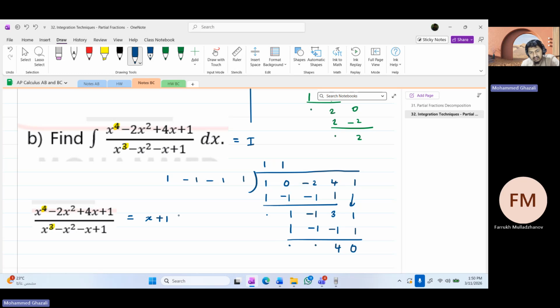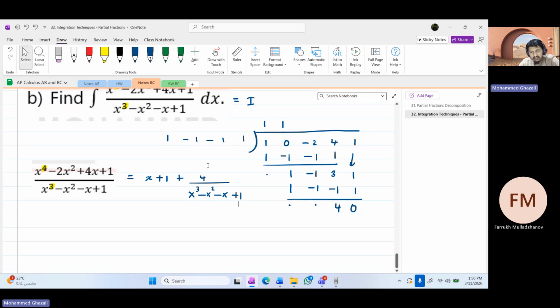And the remainder is 4 over this entire cubic, which is x cubed minus x squared minus x plus 1. But now, remember, this part is done. We can't integrate this yet because this part here is basically a partial fraction, right? So we need to have a look at this part and see if we can decompose this further.